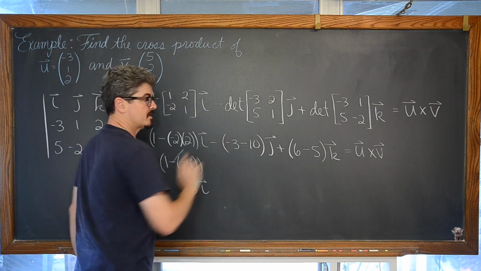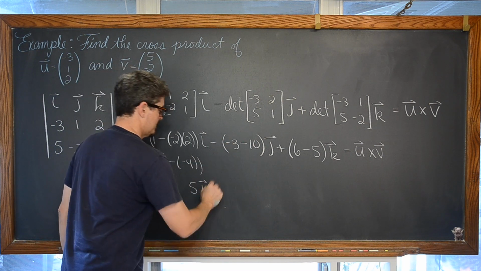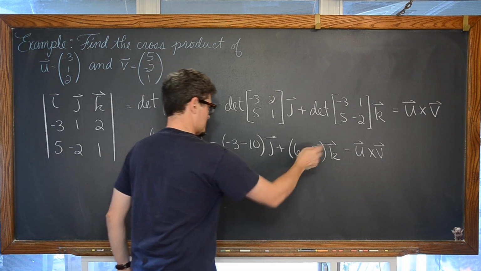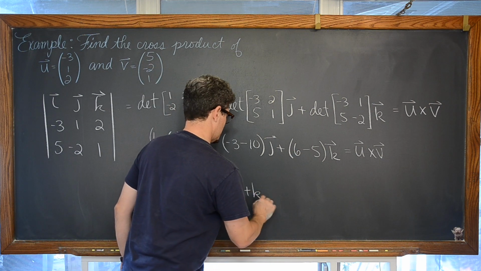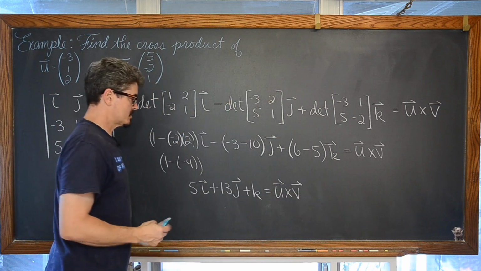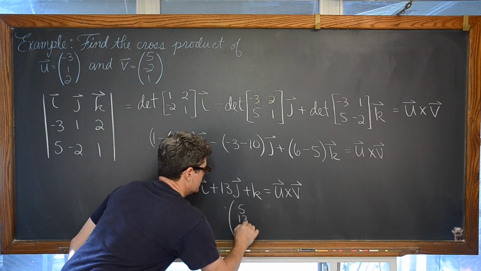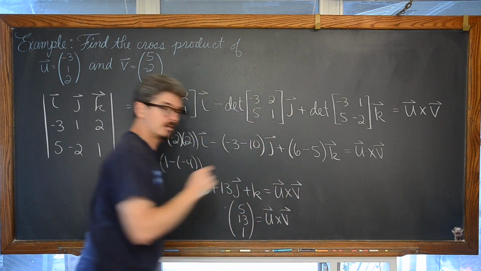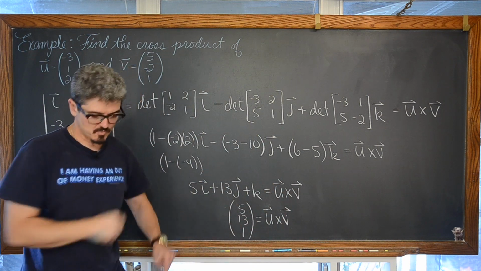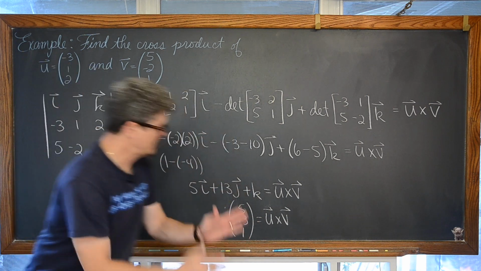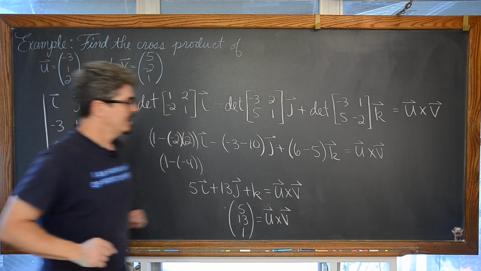We got negative 3 and negative 10, which is negative 13, minus, so we're looking at a plus 13 vector j. 6 minus 5, so plus k. So you may say this in component form is 5, 13, 1, and that is our vector cross product. And just to make sure, because I'm talking and writing at the same time, yes, that is the correct answer.